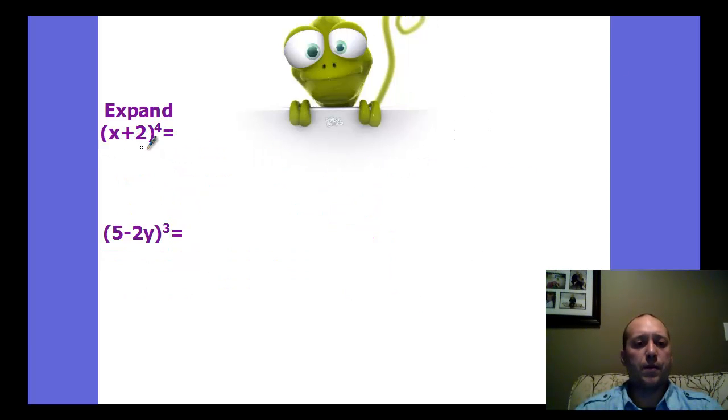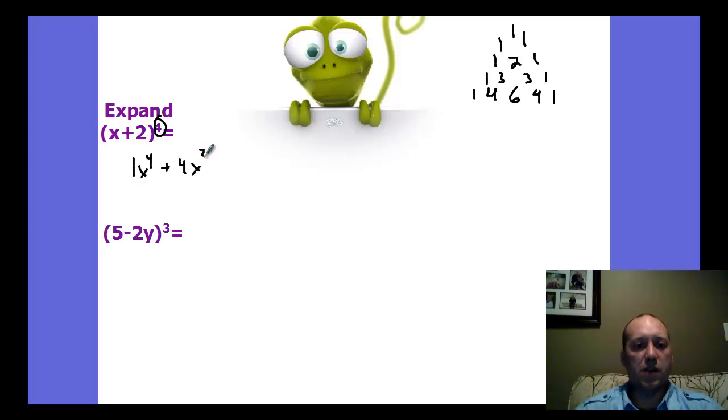If we're going to expand this, the 4 is our degree, so I take my Pascal's triangle and do the fourth row. Just the 0, 1, 2, 3, 4. So there's our fourth row. So 1, my first term x to the biggest degree 4, plus 4, x goes down.